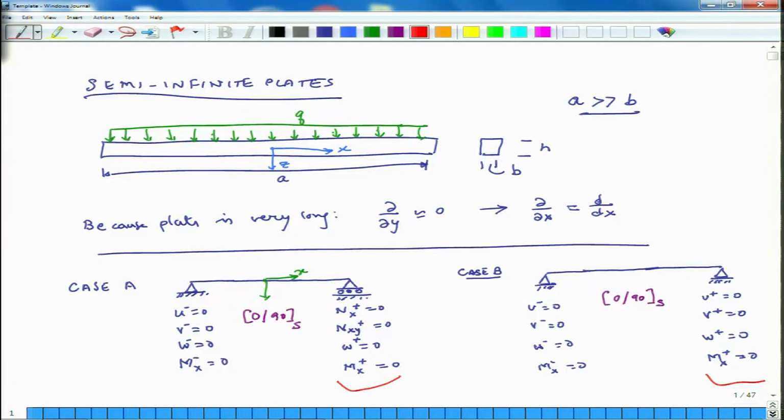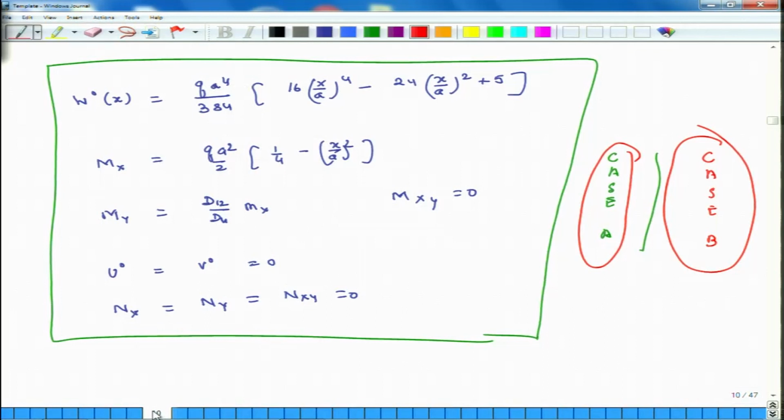So, you may be wondering why, despite these two plates having different boundary conditions, the solution comes out the same. That is the question. We will spend the next few minutes trying to explain why this is so.